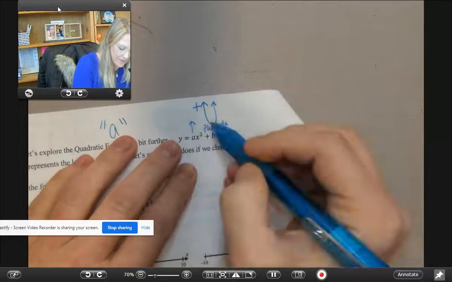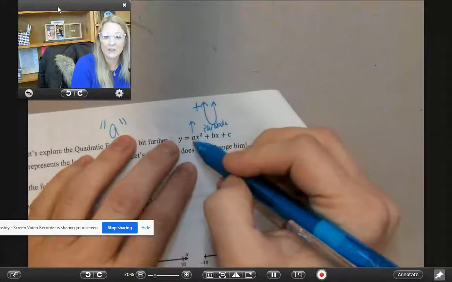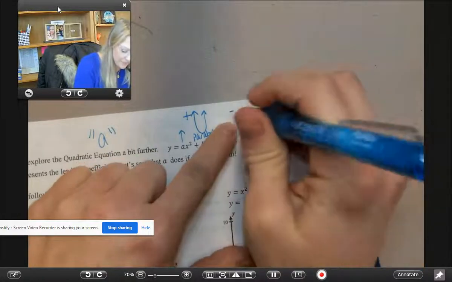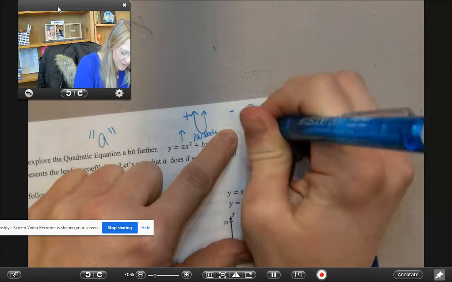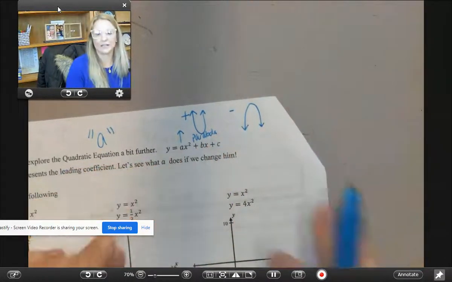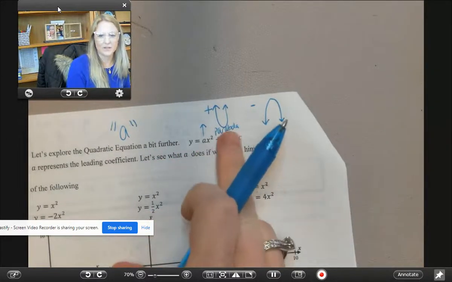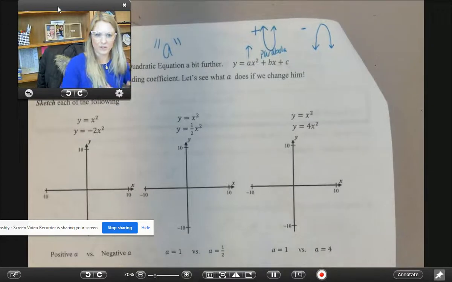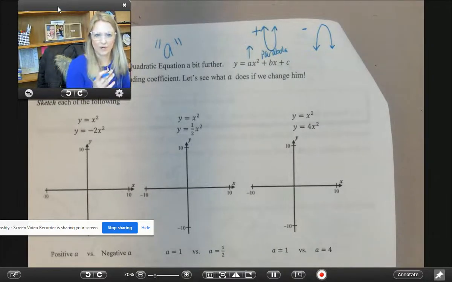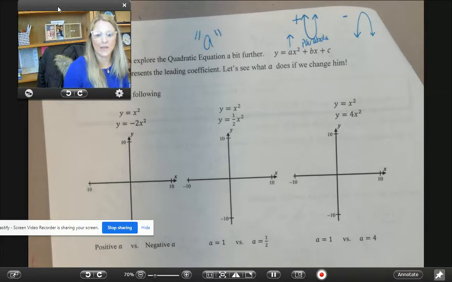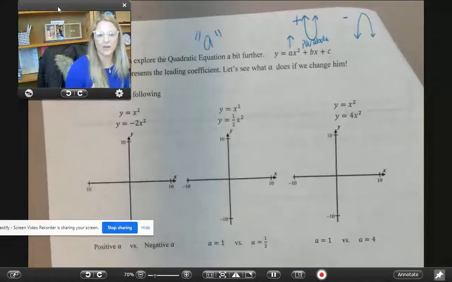And the a value will tell you if it's smiling because the leading coefficient will be positive. When your a value is negative, your parabola is going to be concave down or frowning, okay? The a value also tells us the shape of the parabola, whether or not it's going to be wide or narrow.